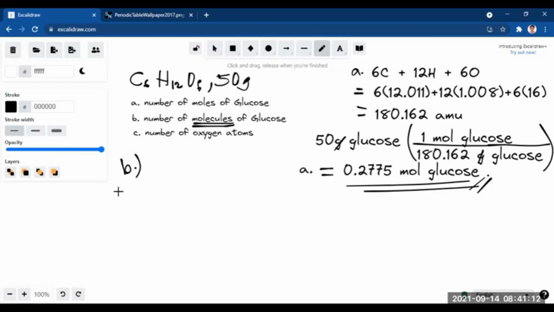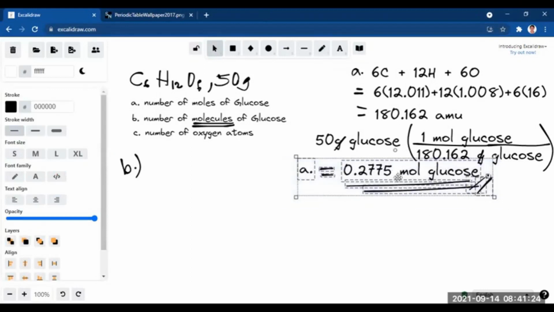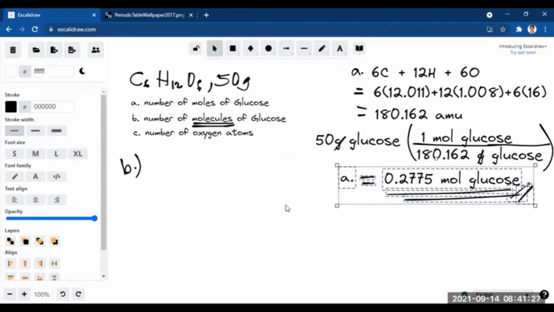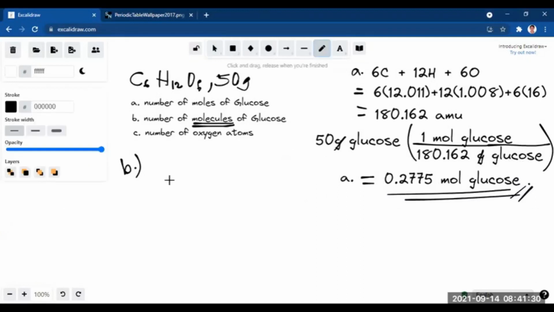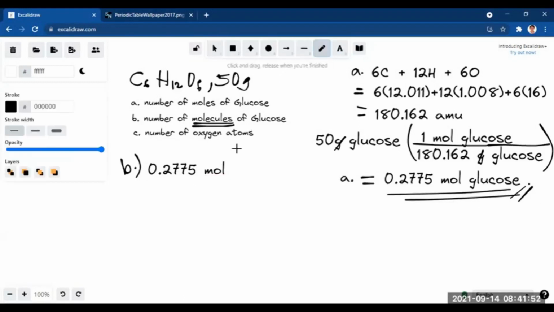So we'll be using the number of moles, 0.2775 moles, times Avogadro's number.